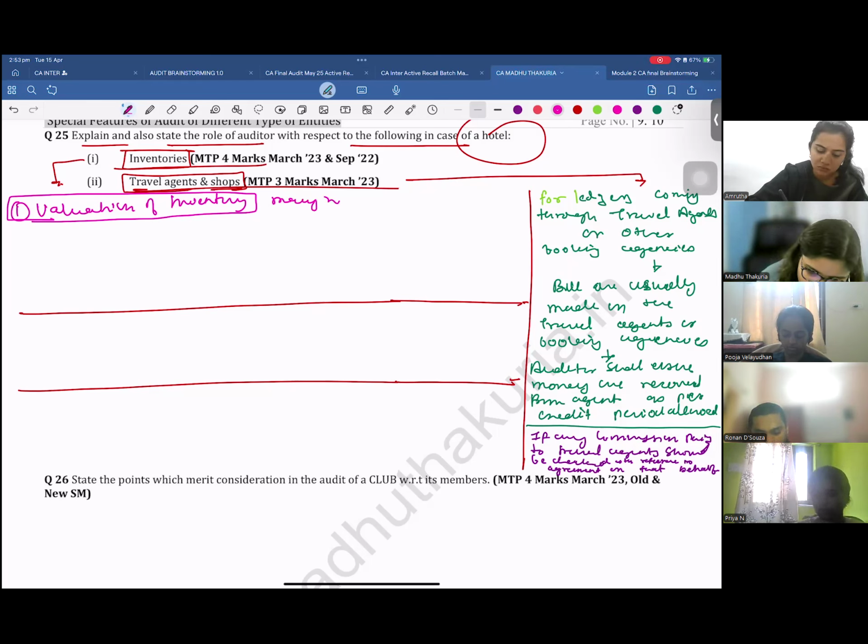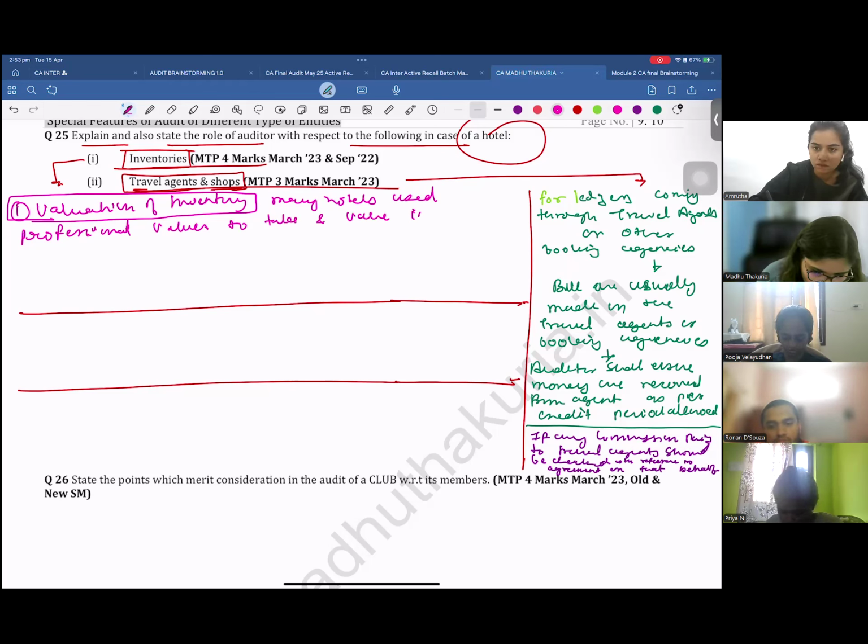Many hotels use professional valuers to take and value inventory on a continuous basis.